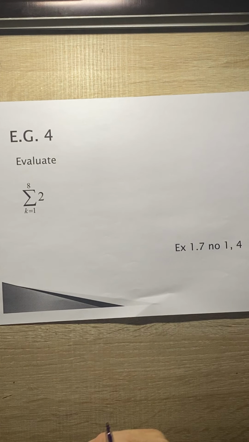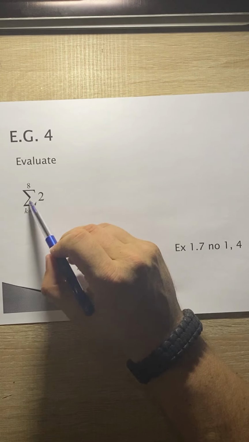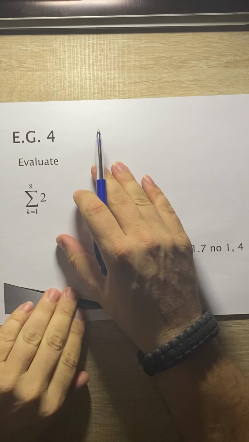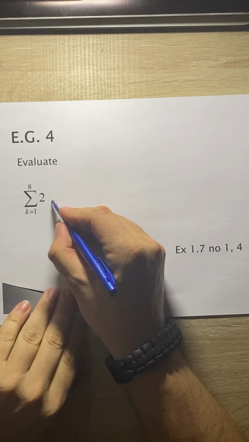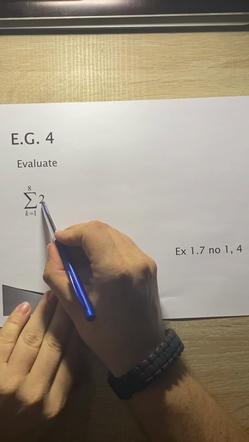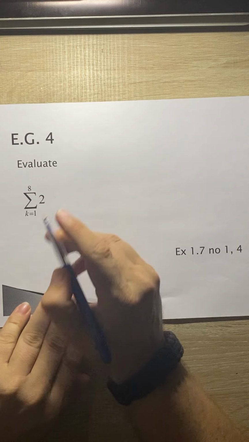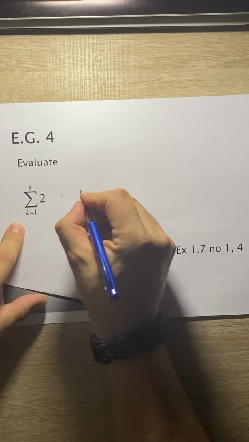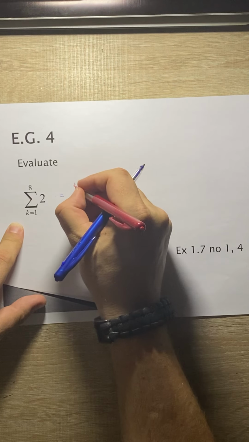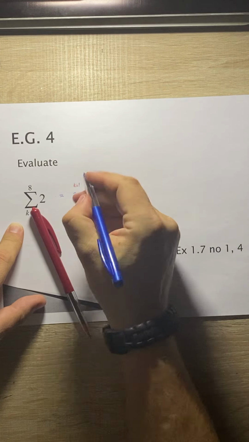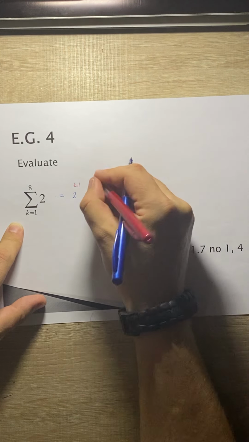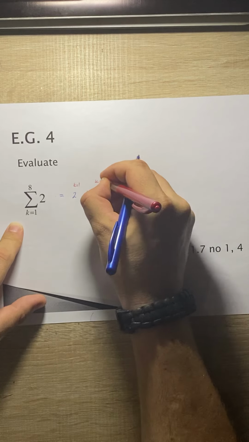Example 4, evaluate sigma 2 from k equals 1 up to 8. If you notice with this example, there is no variable k here. So all we're going to do is add 2, eight times basically. So we've got 2, and I just want to make a note here, this is when k is equal to 1. Plus 2, this is when k is equal to 2.